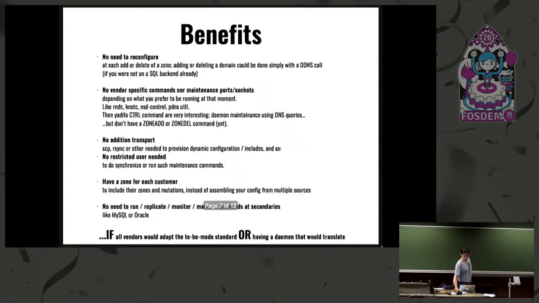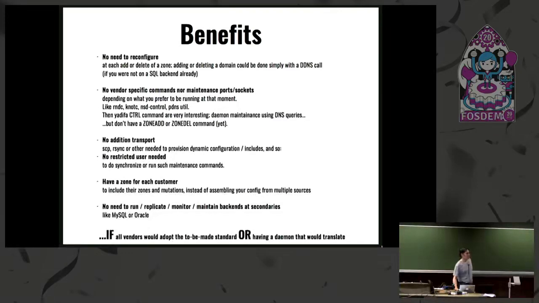So the benefit is that you don't need to reconfigure. It goes automatically when the catalog zone is being refreshed, so that doesn't involve that much work anymore. You don't need vendor-specific commands for maintaining it. Actually, that's more of a future thing, because right now it's not supported yet.